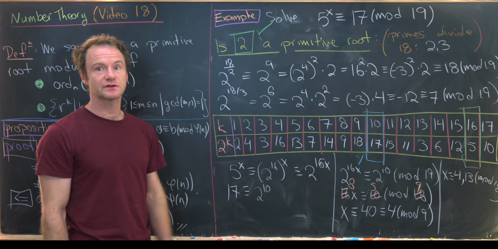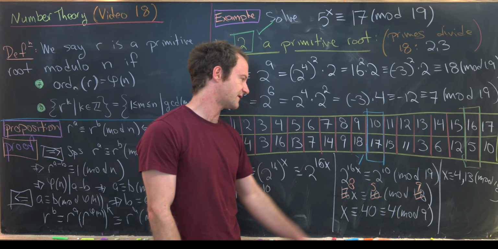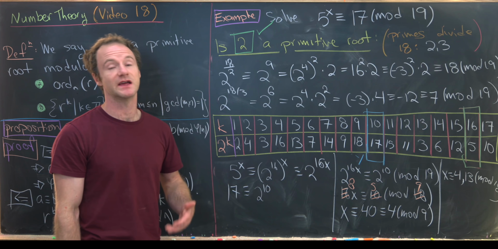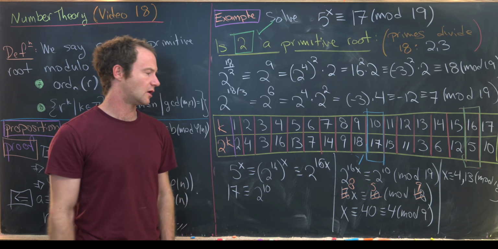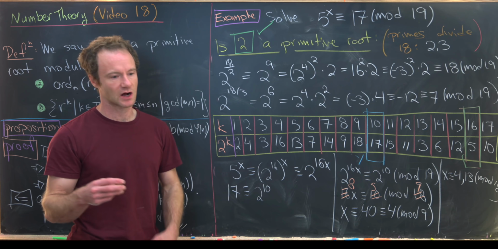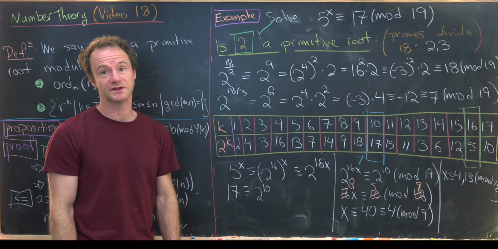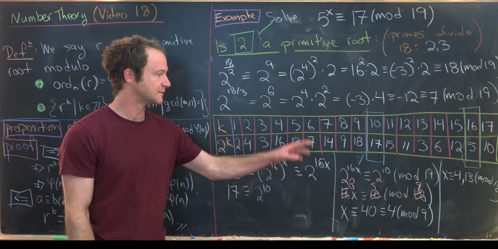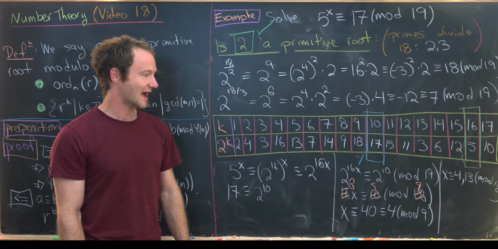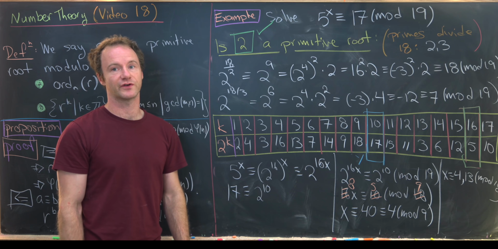And again, we got two solutions here instead of one because we simplified this congruence by dividing by 2. And just recall by the theory of solving linear congruences that sometimes you have more than one solution when you do something like that. So again, we've got two solutions there. x is congruent to 4 or 13.